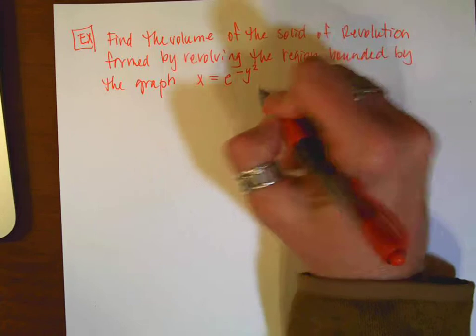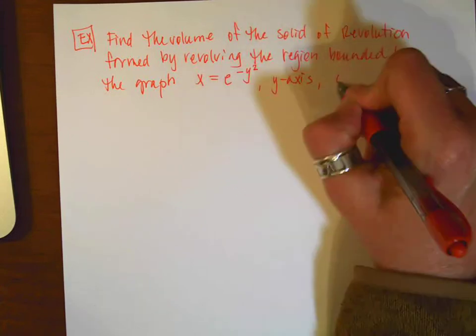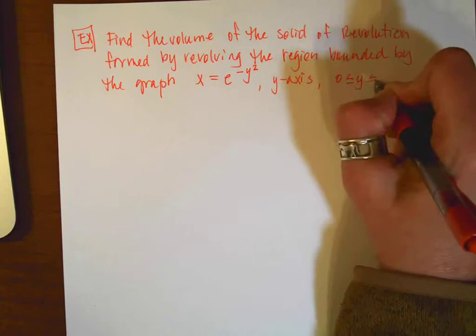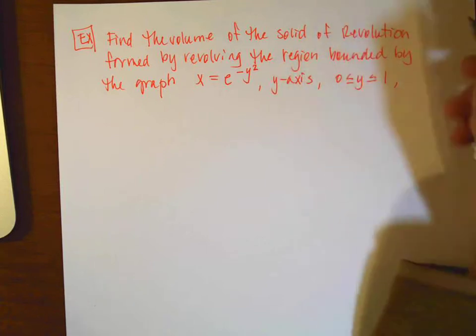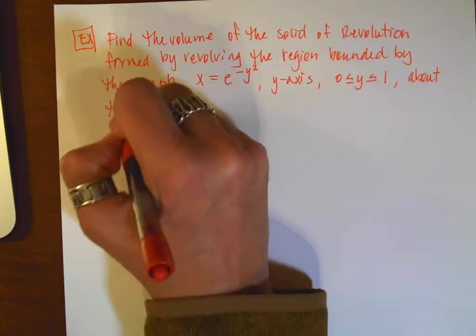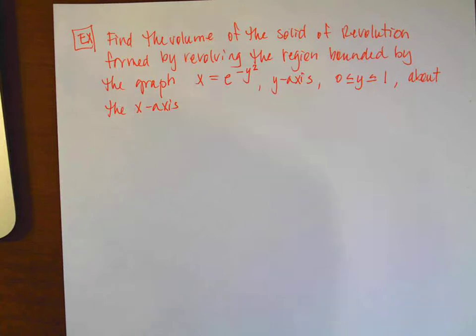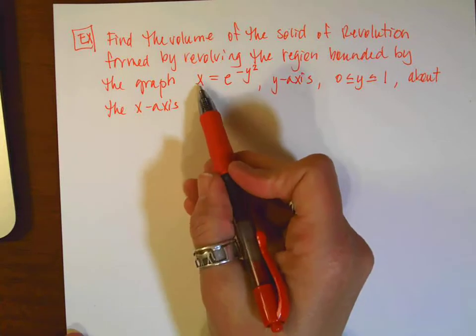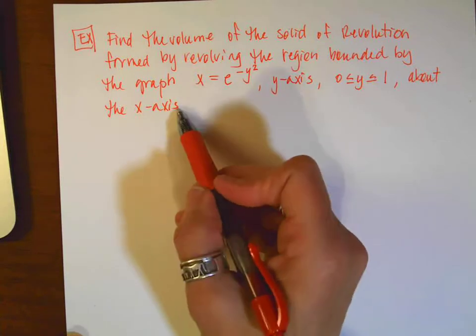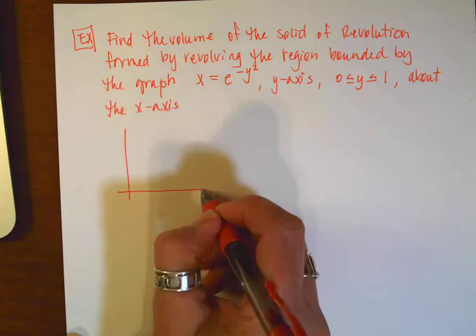This should be a hint because it's in terms of x. We're going to have the y-axis, and then 0 is less than or equal to y is less than or equal to 1, and I want to go about the x-axis. Because my equation is already in terms of x, that means I'm going to have a delta y.